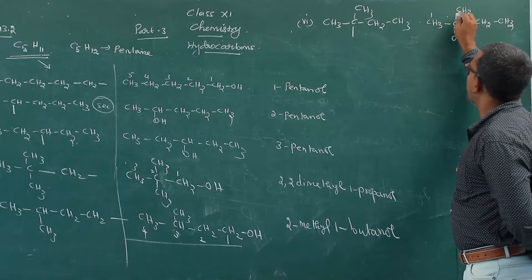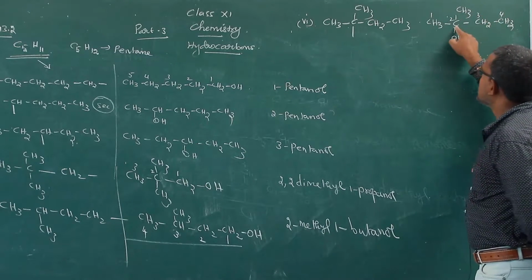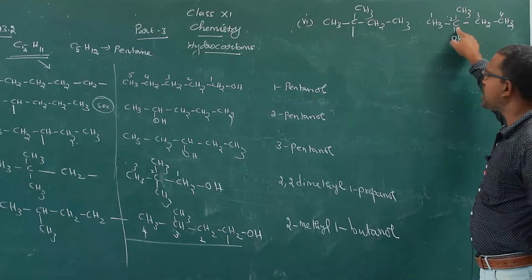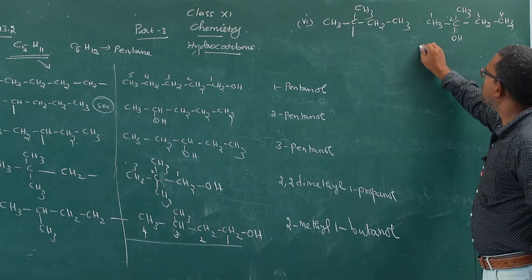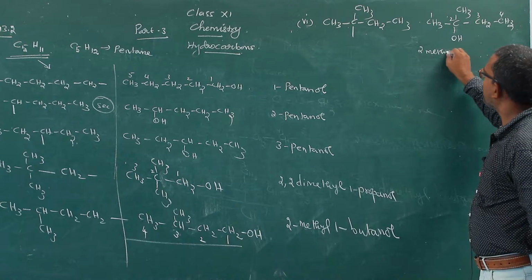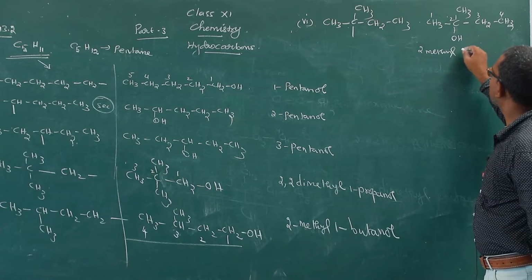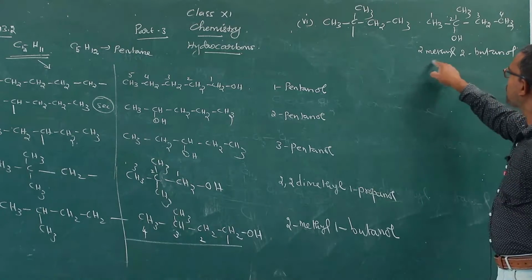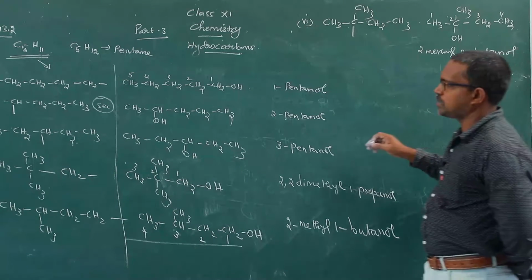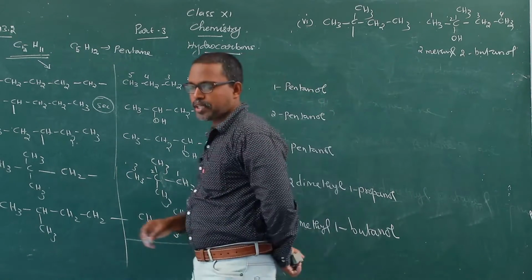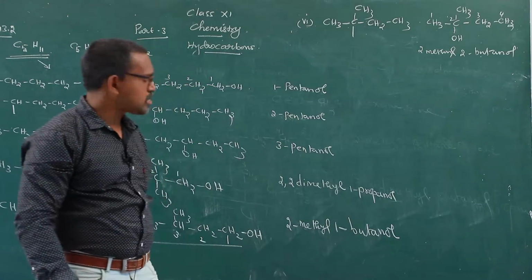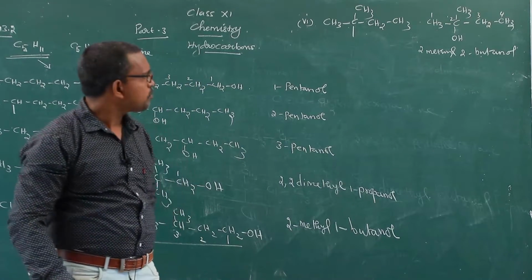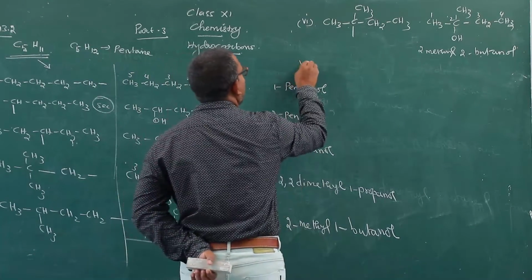Numbering 1, 2, 3, 4, there is a methyl group at the second position and the OH group at the second position. So 2-methyl-2-butanol is the IUPAC name of the compound. This is the sixth form.